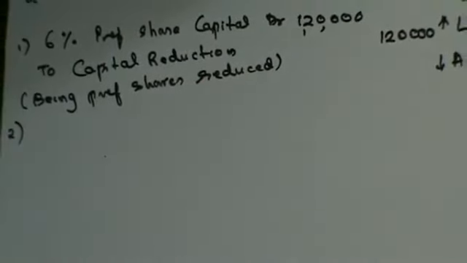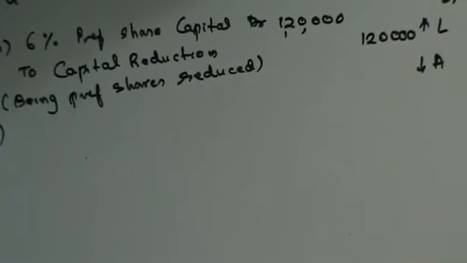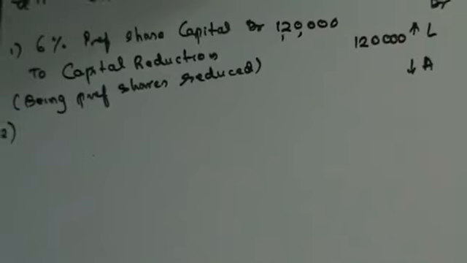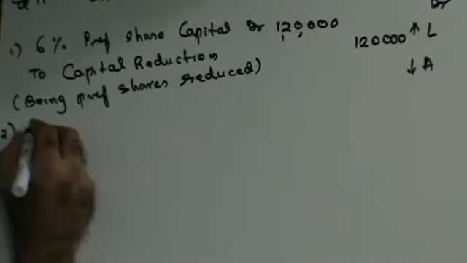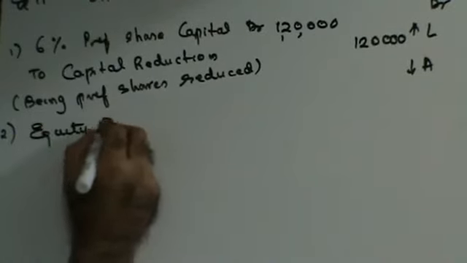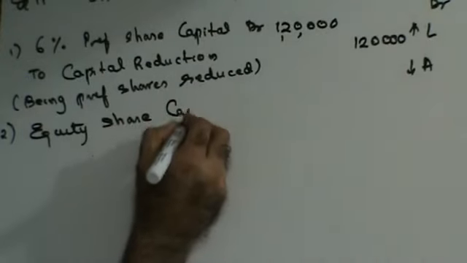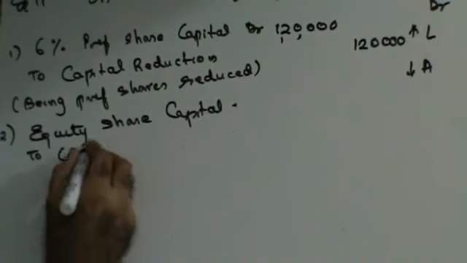Next, they are saying that equity shares to be reduced to 25 paisa. Presently they are of 1 rupee each. That means they are going to be reduced by 75 paisa. Value of liability going down, capital reduction on the credit side. Equity share capital account debit to capital reduction.